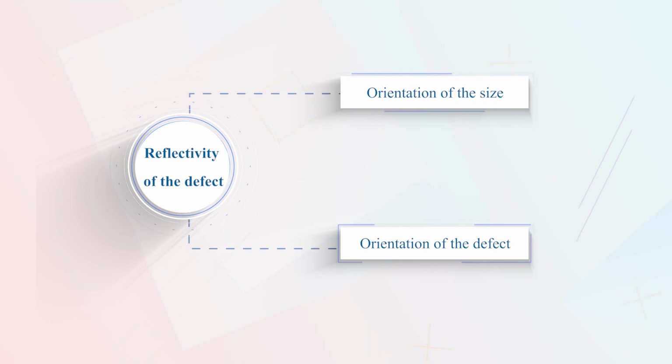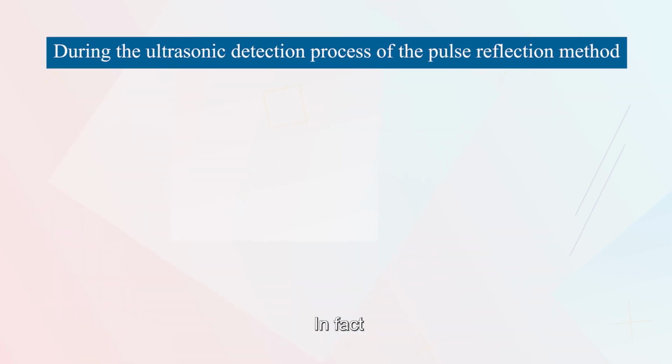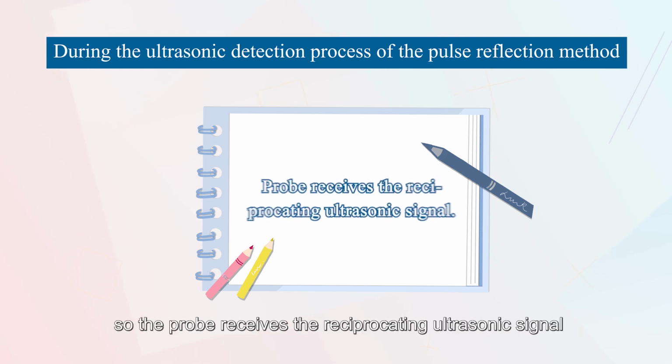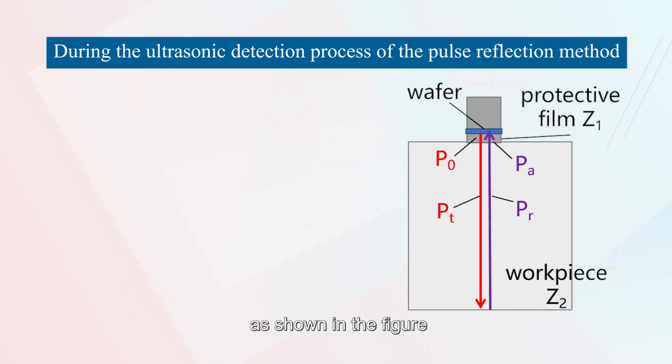Just now, the ultrasonic wave only encountered an interface. In fact, during the ultrasonic detection process of the pulse reflection method, the ultrasonic wave will encounter at least two interfaces, so the probe receives the reciprocating ultrasonic signal, as shown in the figure.